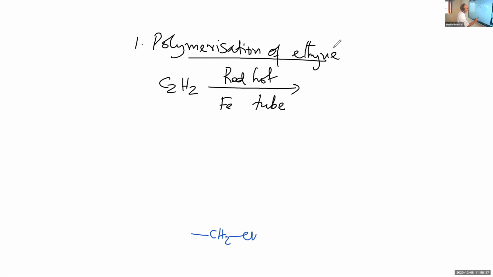CH2, CH2, one ethene molecule, CH2, CH2, second ethene molecule, CH2, CH2, third ethene molecule, one after the other, just like the compartments, the bogies of a goods train, one behind the other. It is linear. We'll study more about this next year.